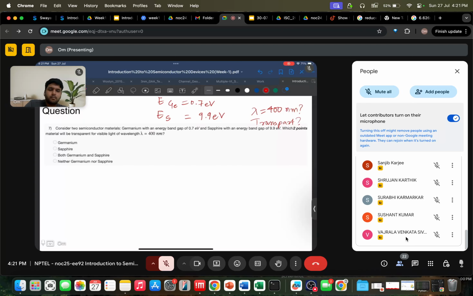Sir, because the energy of light is coming to be about 3 electron volt, so it is less than the energy band gap of sapphire. So it will not be able to excite the electron and thus will not be absorbed by sapphire. So what you said is right.